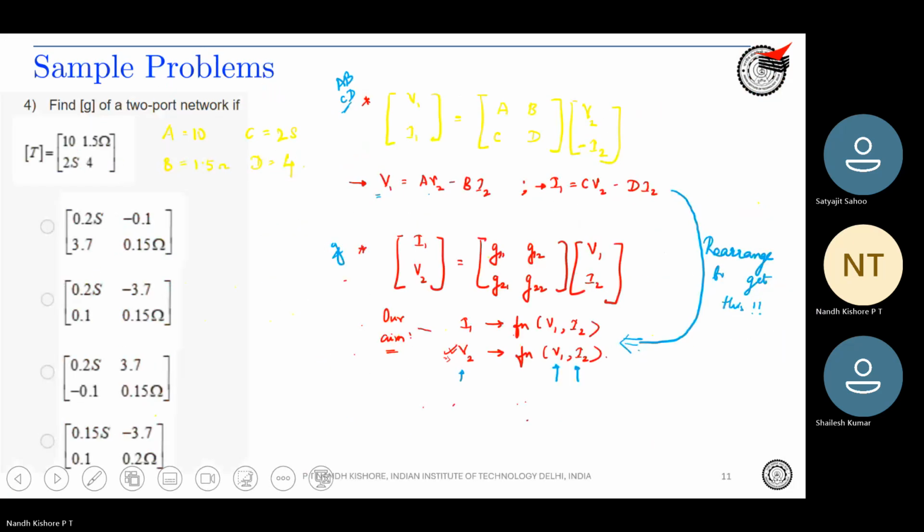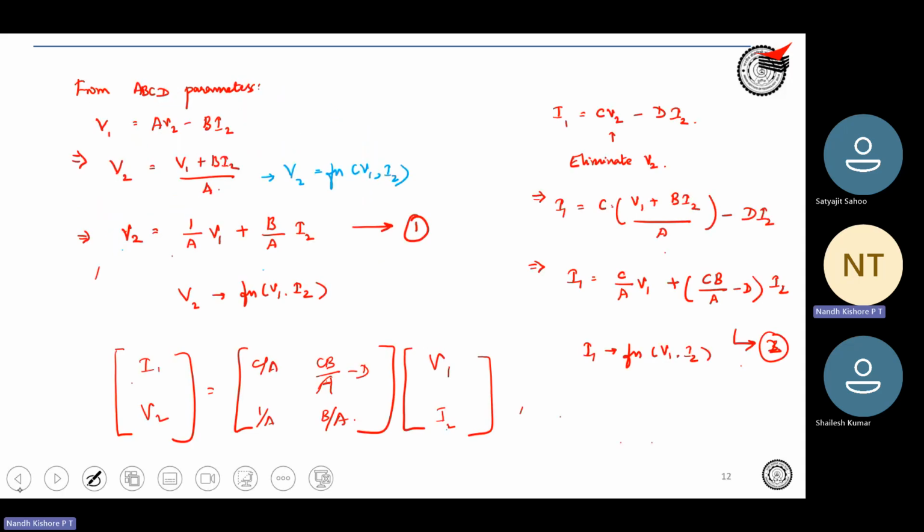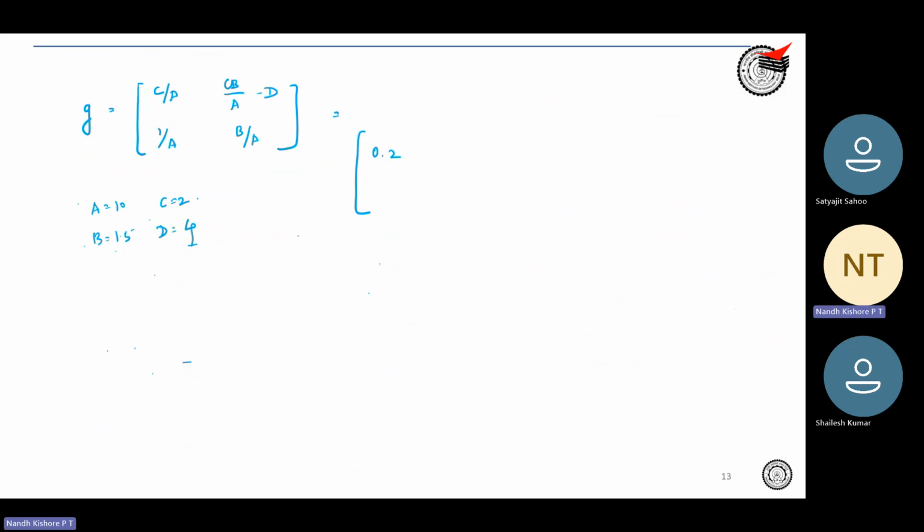So what is C by A? C by A is 2 by 10, which is 0.2, right? So A is 10, C is 2, B is 1.5, and D is, I forgot, D is 4, right?